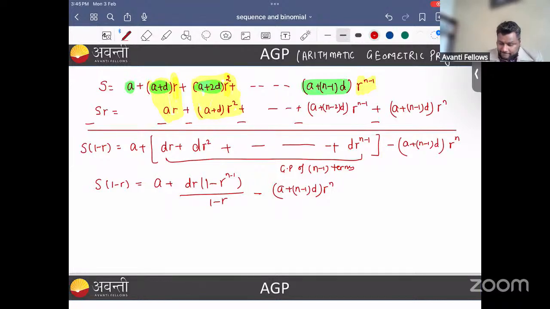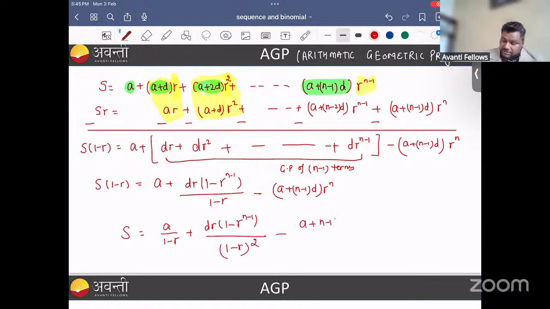Got it? So S comes to A upon (1 minus R) plus DR (1 minus R to the power n minus 1) upon (1 minus R) whole square, minus (A plus (n minus 1) into D) into R to the power n upon (1 minus R).